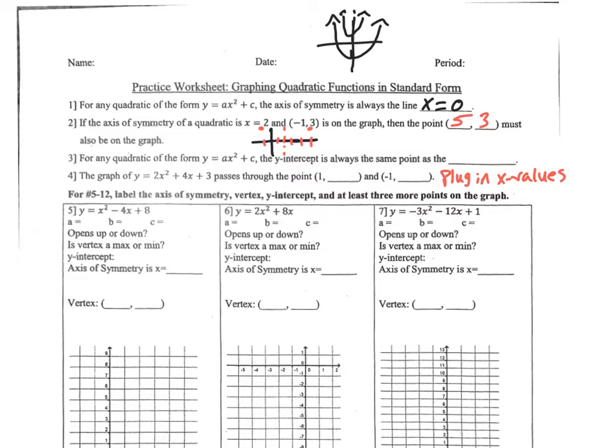All right, so when you plug in 1, you are going to end up with an answer of 9. And when you plug in -1, you're going to end up with an answer of 1. Okay, so (1, 9) and (-1, 1).